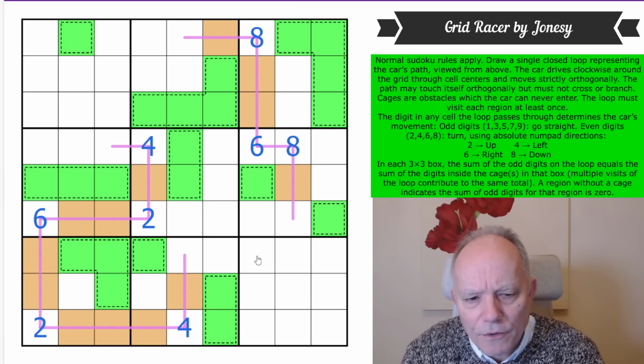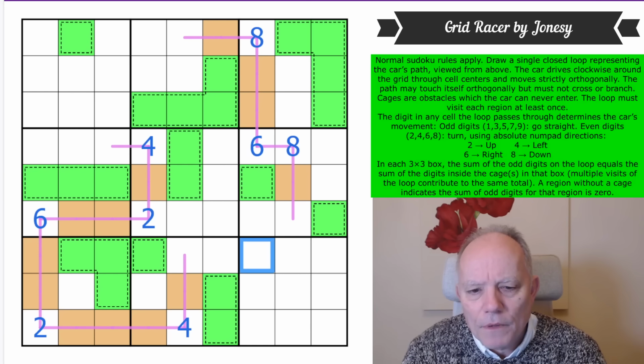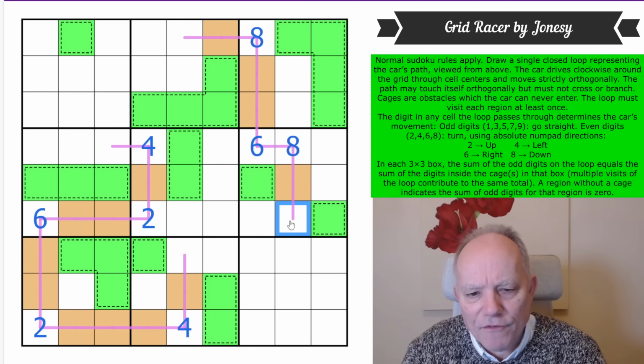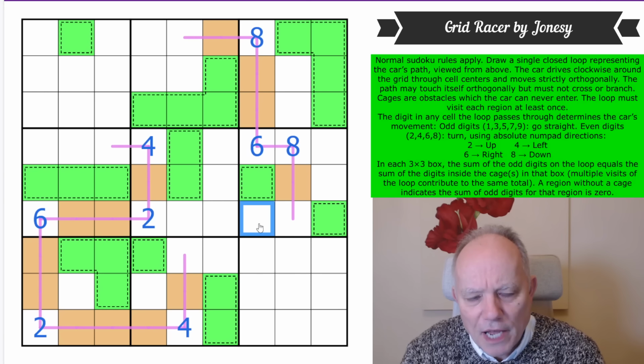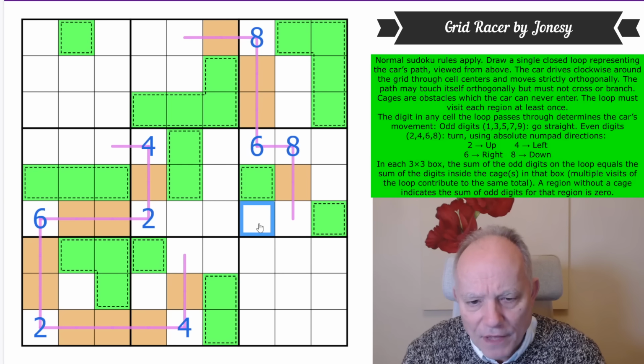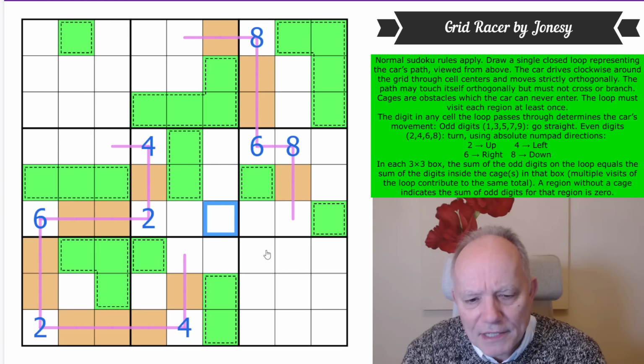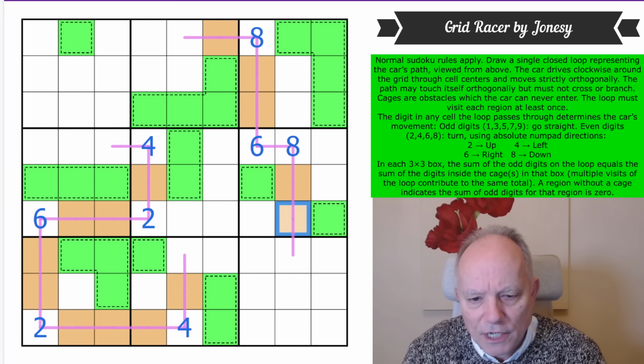I think we do. Yeah, look, if I was to turn left from this cell with a 4, this would have to be odd, and that's fine, that's plausible. But we'd go into this cell, and then you could never get into box 9 and out again. So I'm not turning left from there, I'm going south from there, where I get another odd digit.